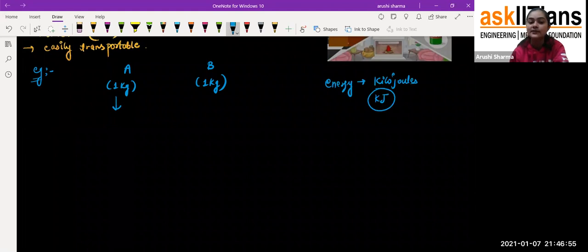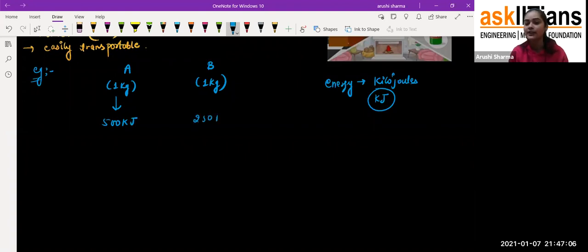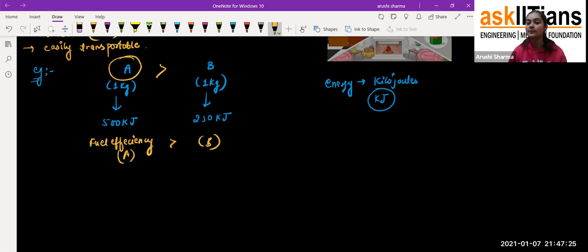By burning 1 kilogram of substance A, we get 500 kilojoules of energy, and by burning 1 kilogram of B, we get 250 kilojoules. You can see which is releasing more energy. A is releasing more energy. That means the fuel efficiency of A is more as compared to the fuel efficiency of B, because it is releasing more energy.